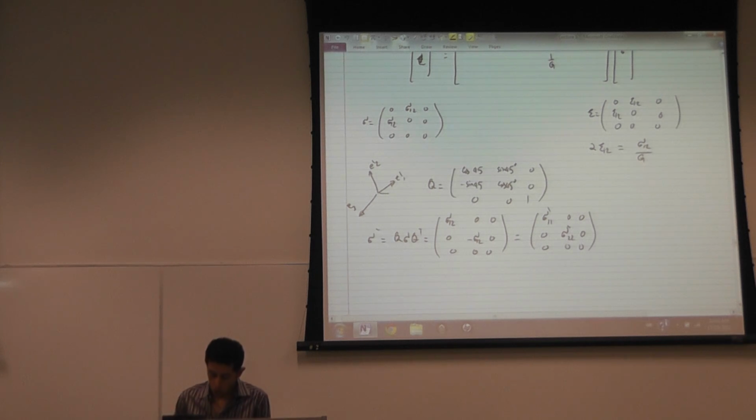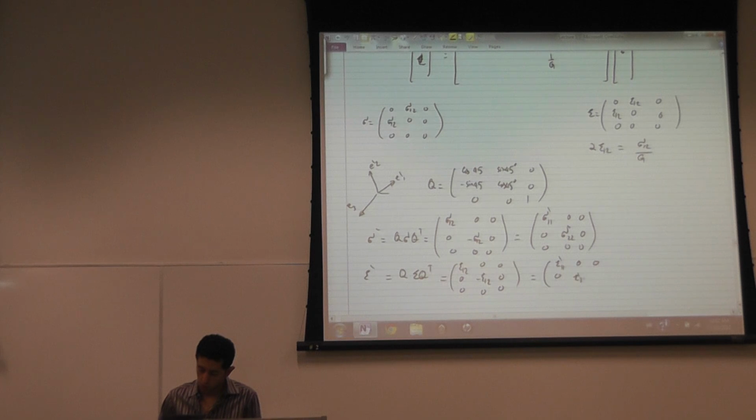And the strain in the new coordinate system will be equal to Q epsilon Q transpose, also will be equal to epsilon on 2, negative epsilon on 2, 0, which is the new component epsilon prime 1, epsilon prime 2.